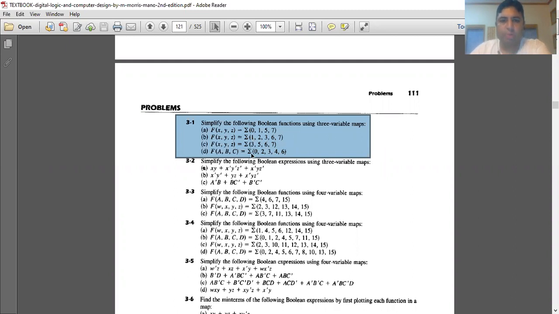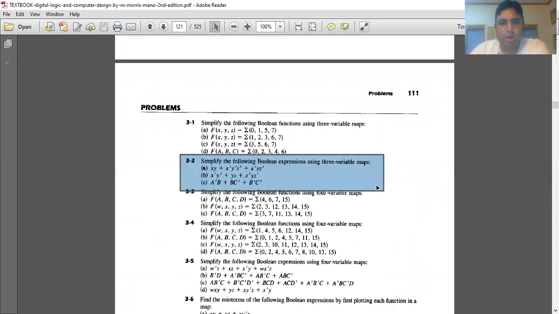So these are the four parts. You can practice these problems by first making a K-map, then putting ones, then taking adjacent ones, and then writing the answer.